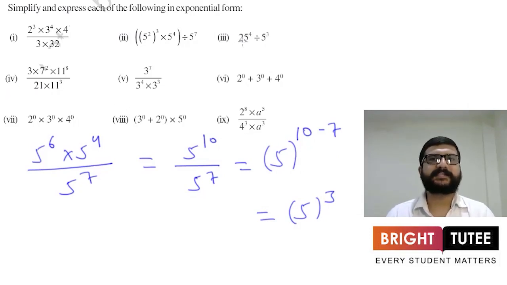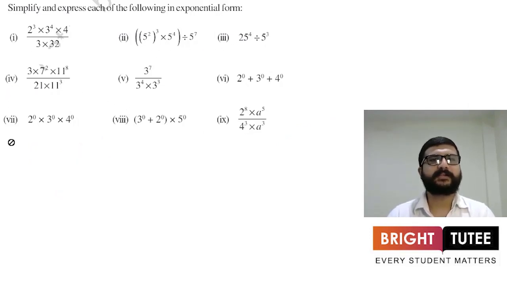Now let's see the next part of the question, the third one. In third part of the question, we are having 25 to the power 4 divided by 5 to the power 3. So 25 is 5 to the power 2. So this will be 5 to the power 2 whole to the power 4 divided by 5 to the power 3. Now let's simplify it. 5 to the power 2 whole to the power 4.